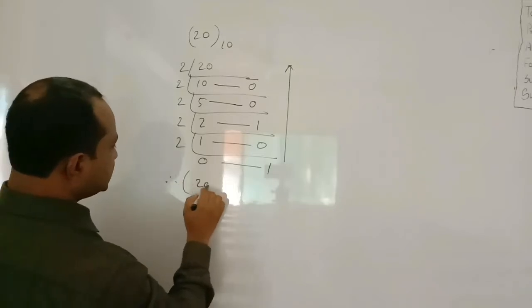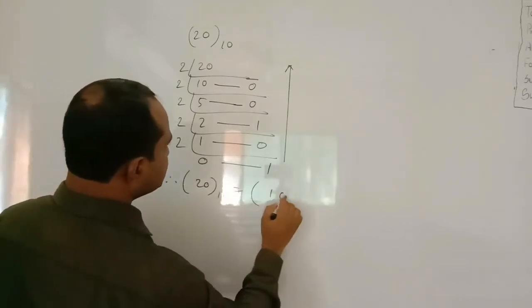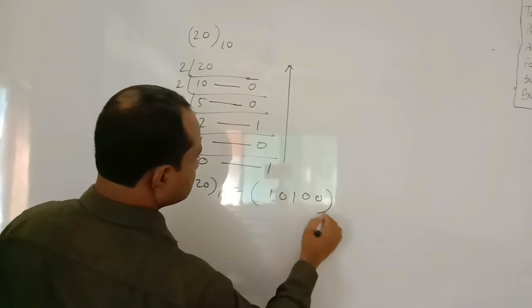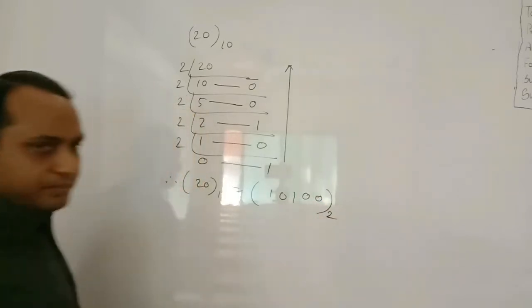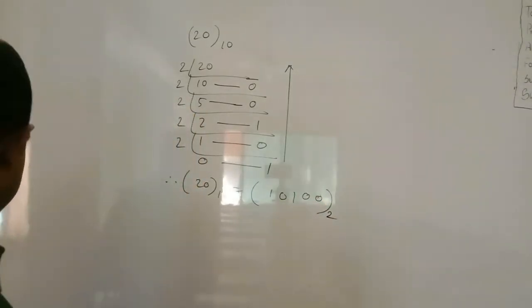So the result is 20 equals 1 0 1 0 0. This is the binary form of 20.